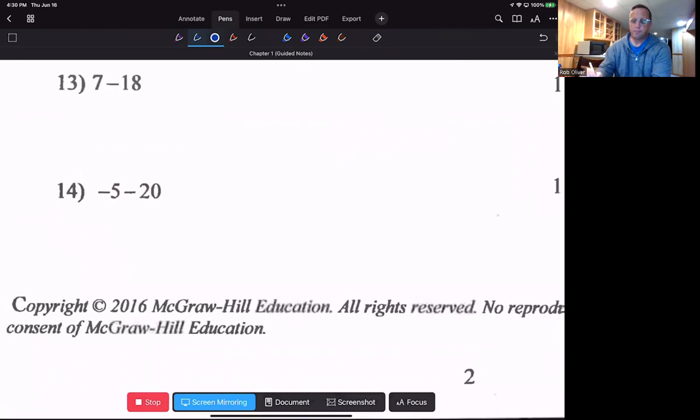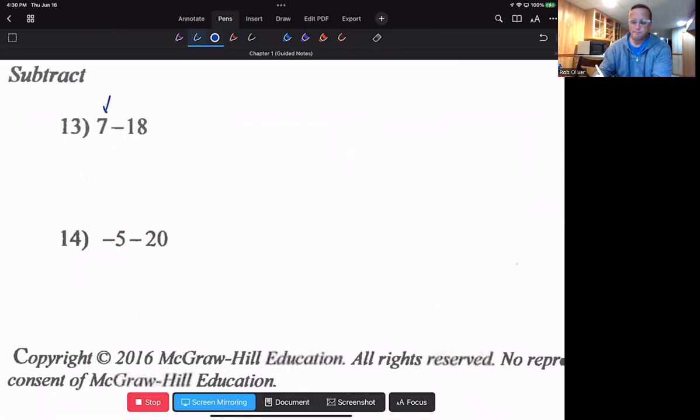For number 13, I want you guys to recognize that 7 is positive and 18 is negative. And that's because of that proxy rule, because 18 is located right next to subtraction. And because subtraction is right next to that number, it makes it, just by default, negative.